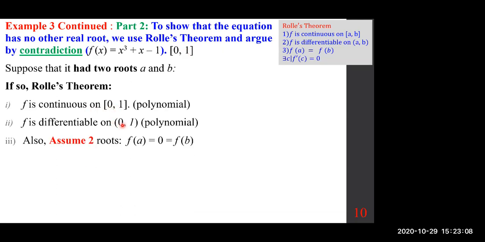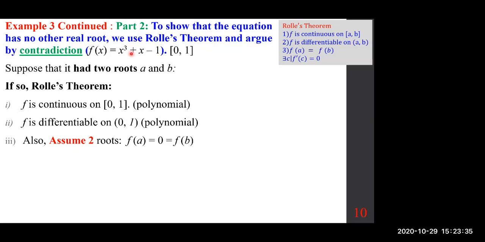F is differentiable, polynomial of degree 3. If we assume they have two roots, then f of a equals f of b equals 0. Assuming that's the case, then there must be some point in between such that f prime is 0. So let's find f prime, set it equal to 0 and see what happens.